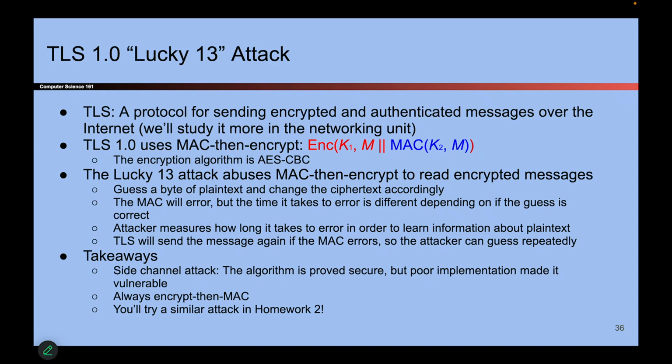And there actually was an attack that happened on the early internet because MAC then encrypt was used. So way back when, people didn't really know that MAC and encrypt was strictly worse than encrypt and MAC. So they used MAC then encrypt. It caused an issue. And the result was encrypt and MAC becoming the better standard. So if you're interested, you can look up this attack. We've given you the name.